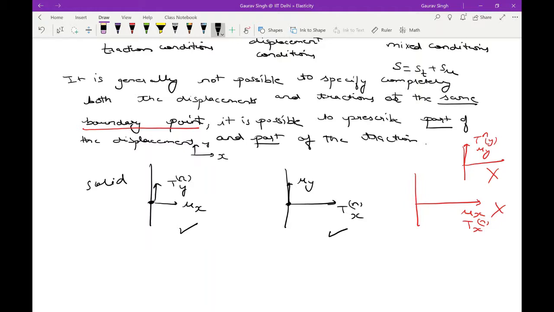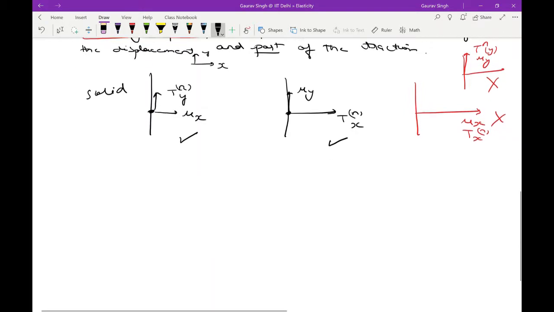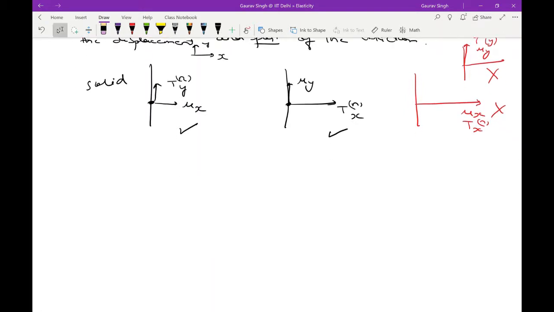So let's see an example of how this plays out. Let's see a situation like this. This is a solid, and then you have a symmetry line.